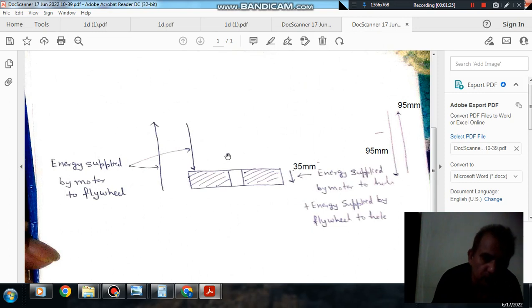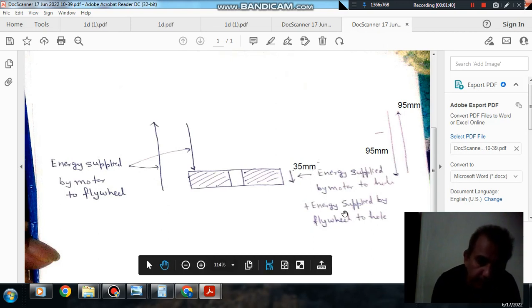During this travel, energy is supplied by the motor directly to the hole, and energy is supplied by the flywheel to the hole. This combined energy is used for making the hole. The flywheel doesn't have any energy of its own.